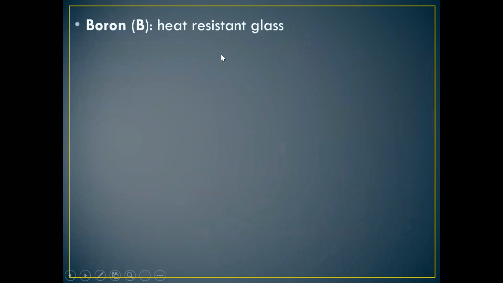So some examples of elements in this family: boron. Boron is a metalloid, and it is used in heat-resistant glass. So it's added to glassware that we use in the lab or casserole dishes that can make glass be able to be heated to a very high temperature without breaking.